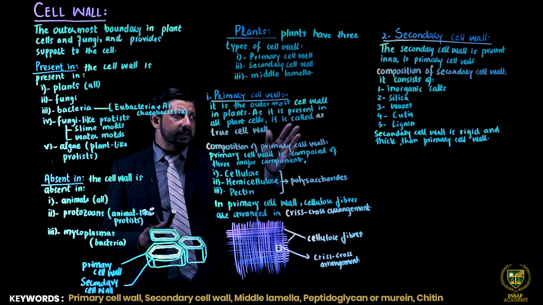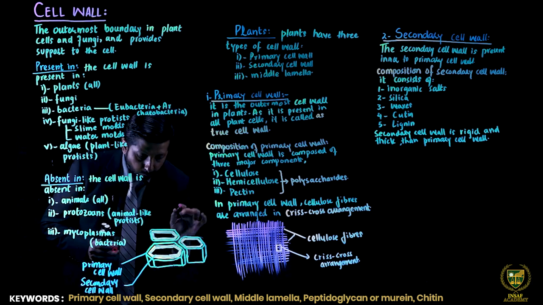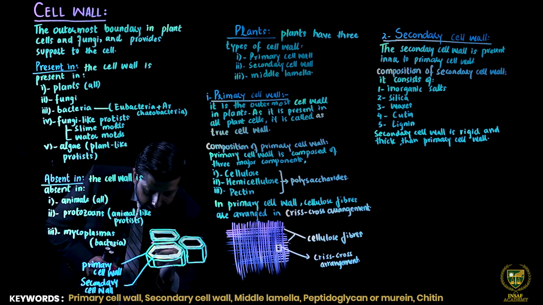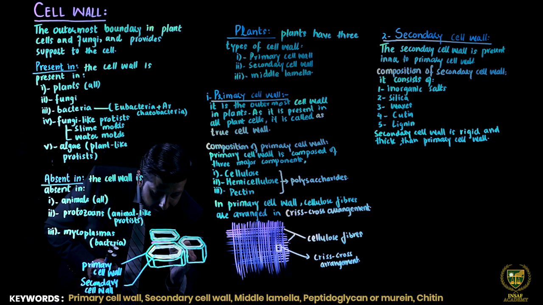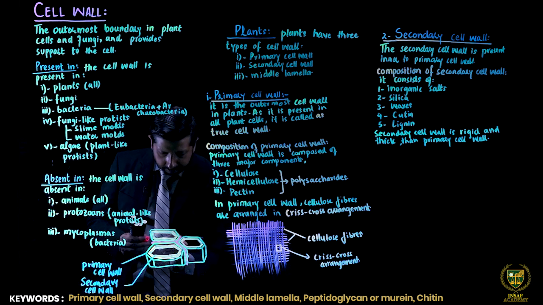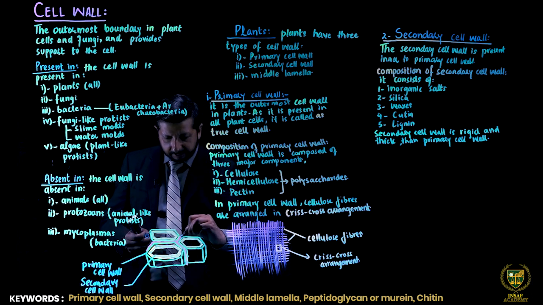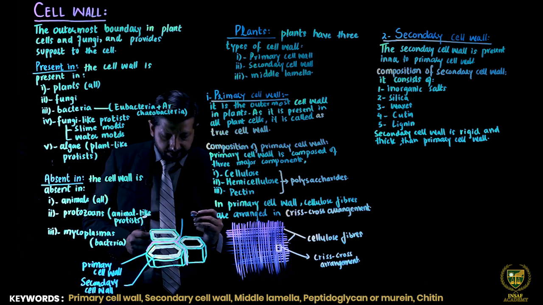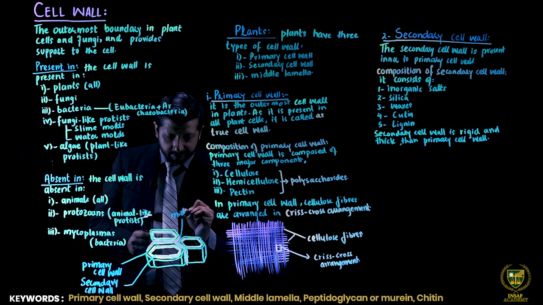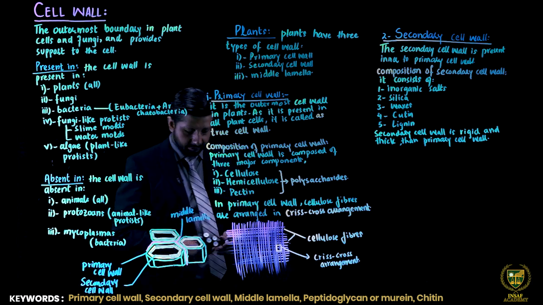Now the third one, that is middle lamella, that I'm going to show by this color. So look very carefully in order to clear the concepts. Over here, like this. So this pink colored boundary is the middle lamella. Now, so these are the plant cells, clear?